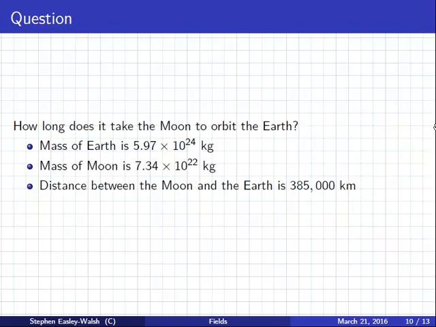How long does it take the Moon to orbit the Earth? So what type of problem is this? Circular. Yes. Okay, let's do this one together.